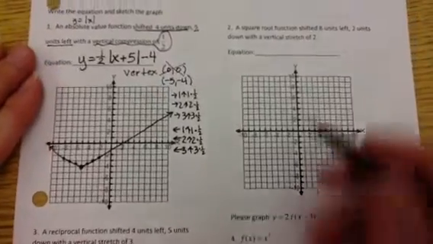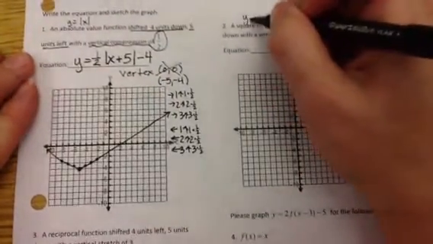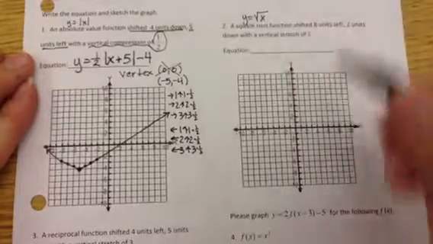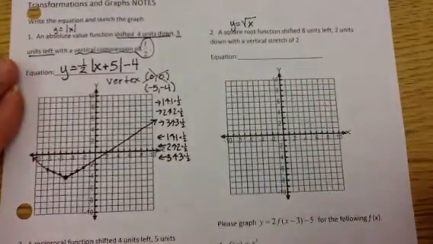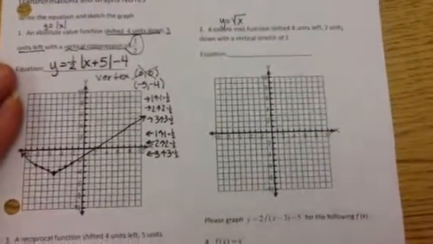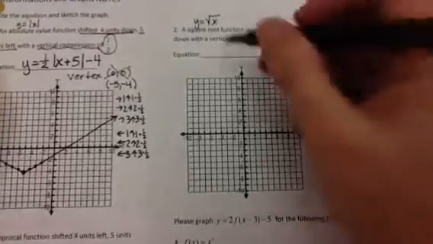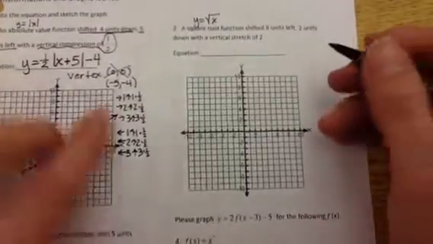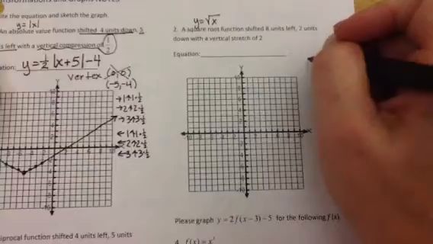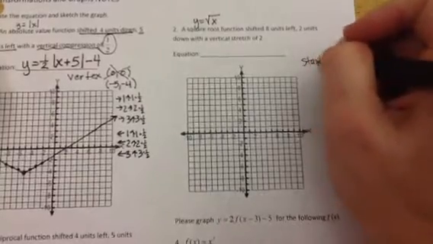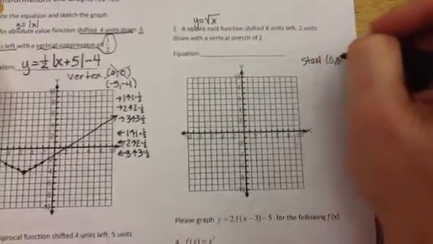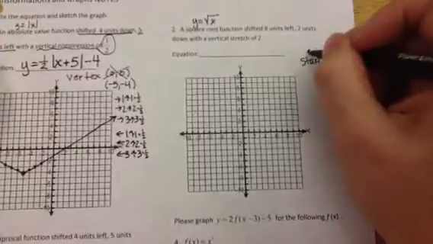How about a square root function? Square root is y equals square root of x. Now I always want to think about how those parent functions look before I start dealing with the different transformations I have. Well, I know on a parent function of square root of x, I start at 0, 0. This is the one that's the eyebrow.